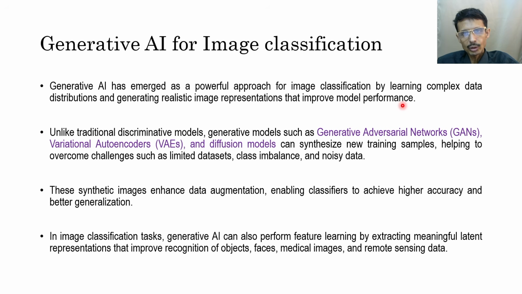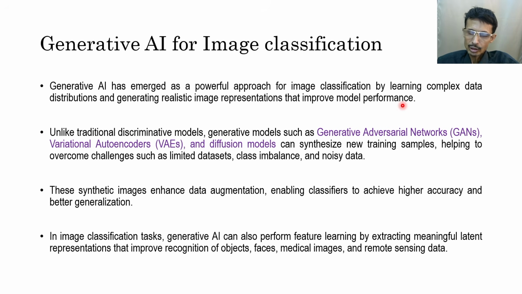As we already know, generative models, including generative adversarial networks, variational autoencoders, diffusion models, etc., can synthesize new training sets, helping to overcome challenges such as limited datasets, class imbalance, and noisy datasets. That is what we have said.